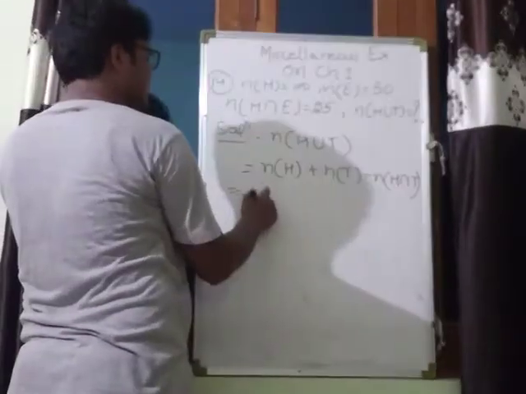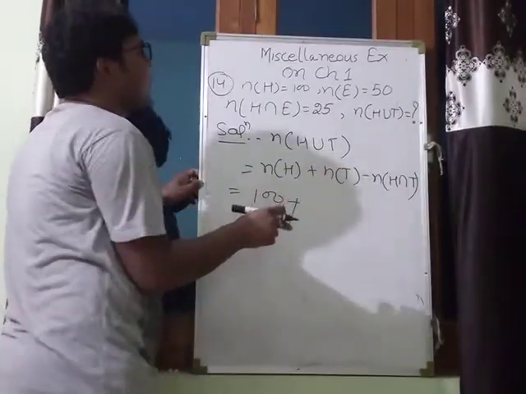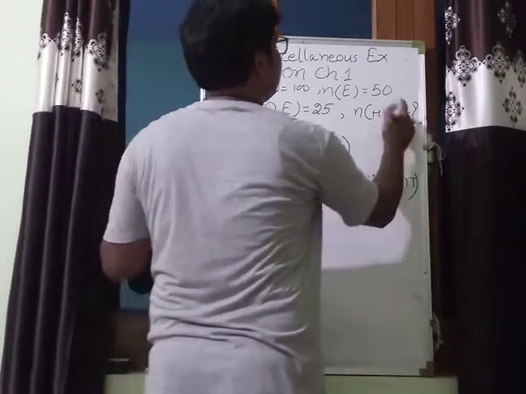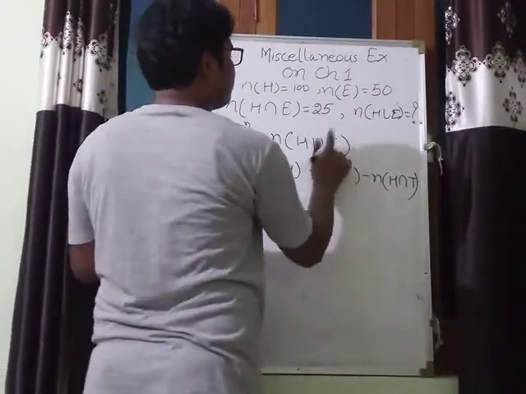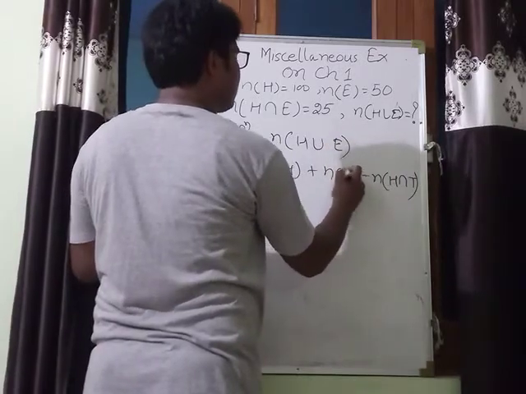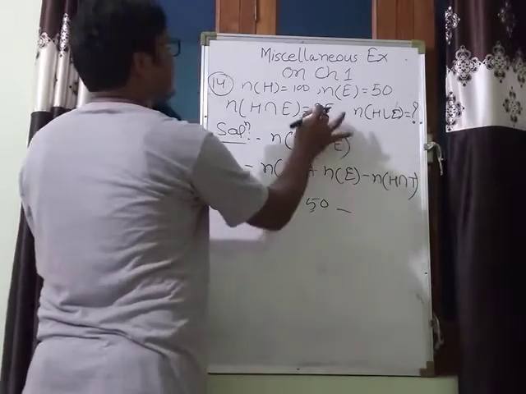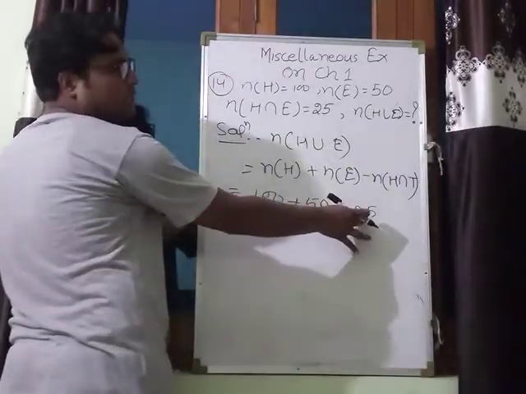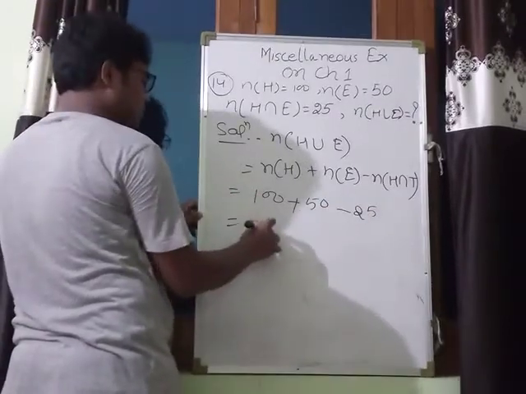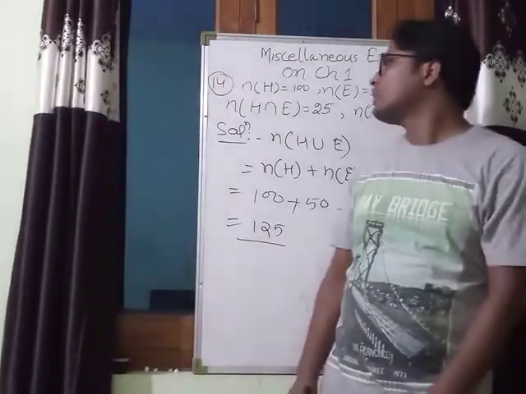So n(H) is 100, n(E) is 50 and both, that is 25. So that is 50 minus 25, that is 25, plus 100, 125. Okay. Now next, question number 15.